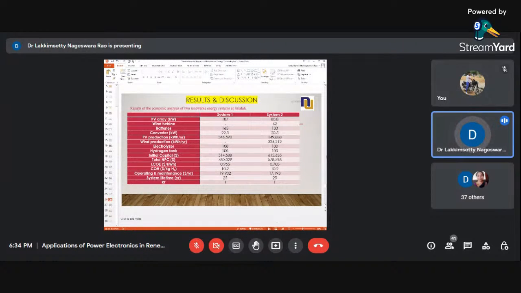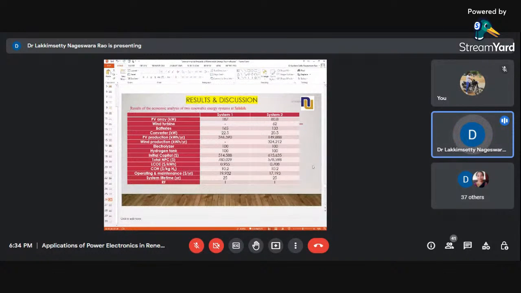At the end, we have concluded for system 1 and system 2 with respect to different parameters: PV array, wind turbine, batteries, converters, wind production, electrolyzers, etc. This statistical information has been projected here. Here I am focusing on only one important region, called Salala.